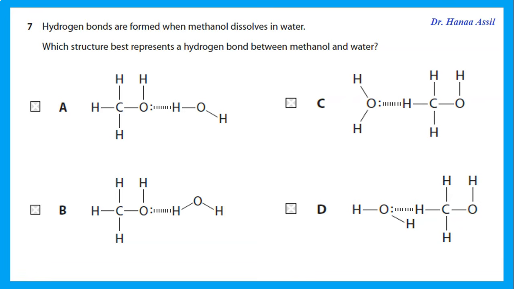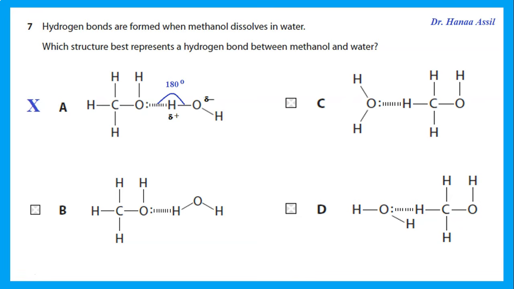It is oxygen attached to hydrogen that would form a hydrogen bond. So the answer is A or B, but the difference is in A, the angle around the hydrogen has to be 180 degrees in order to form a hydrogen bond. And of course, we must have an electronegative element like oxygen, so this is slightly negative, attached to a hydrogen that would be slightly positive, so that would make a hydrogen bond with the next molecule.